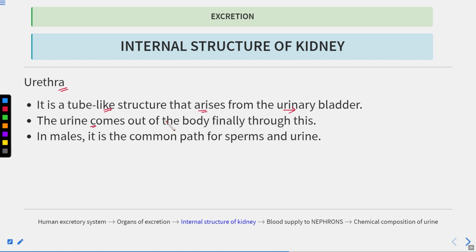So the urine comes out of the body finally through the urethra. If you talk about the length of the urethra, it is longer in males and short in females.